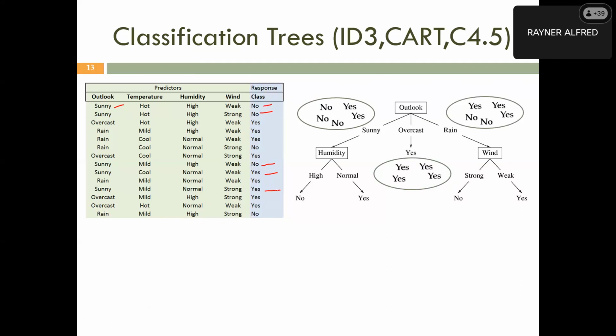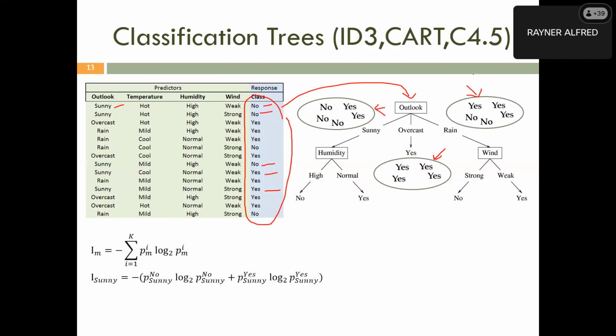Okay, so before we split the data, this is our partition. And then when we use the Outlook here, we split into 3 partitions. So from 1 partition to 3 partitions here. Okay, so we can compute the entropy for each one of these. Okay, for example, the first one is this for the sunny.